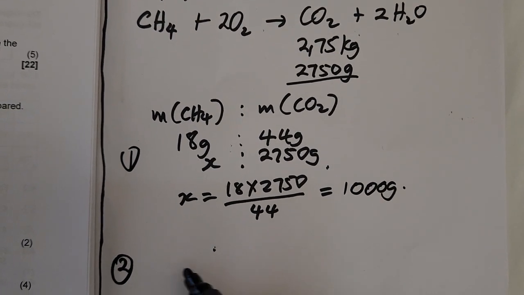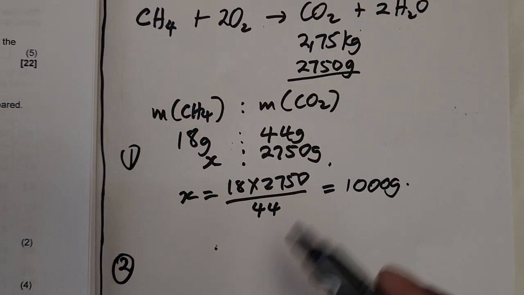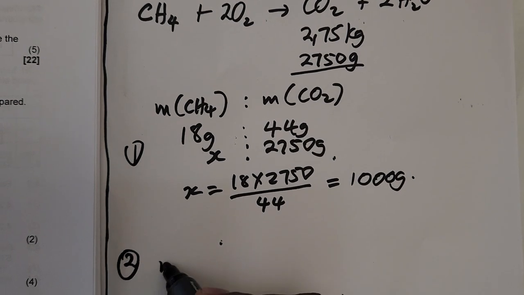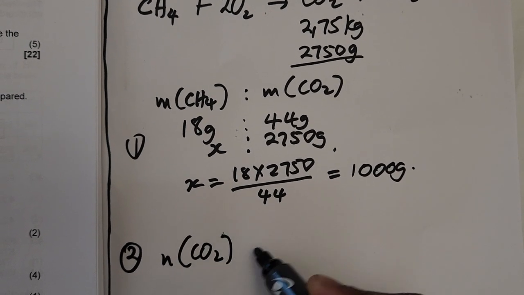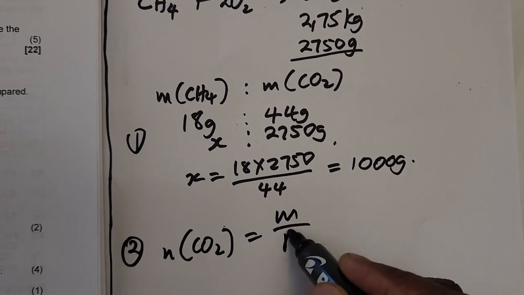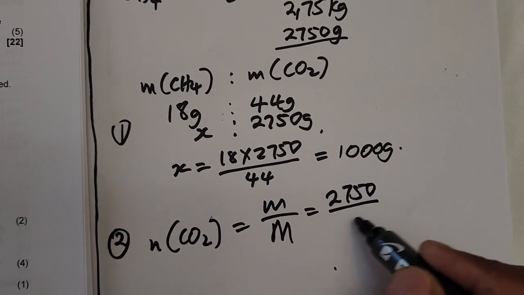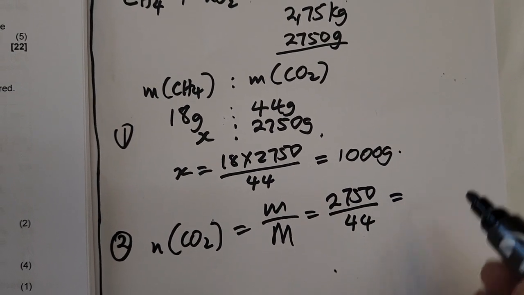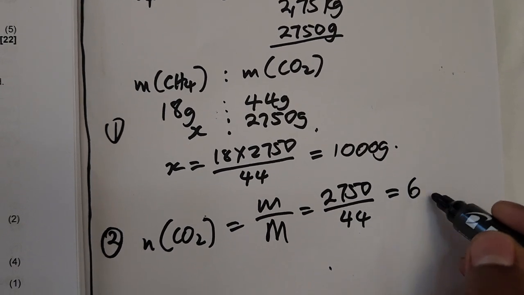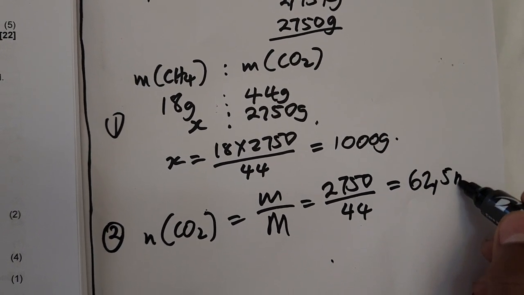Now we calculate the number of moles of carbon dioxide with 2,750 grams. The number of moles of carbon dioxide will be given by mass over the molar mass, which is 2,750 divided by 44. Therefore, your answer will be 62.5 mole.